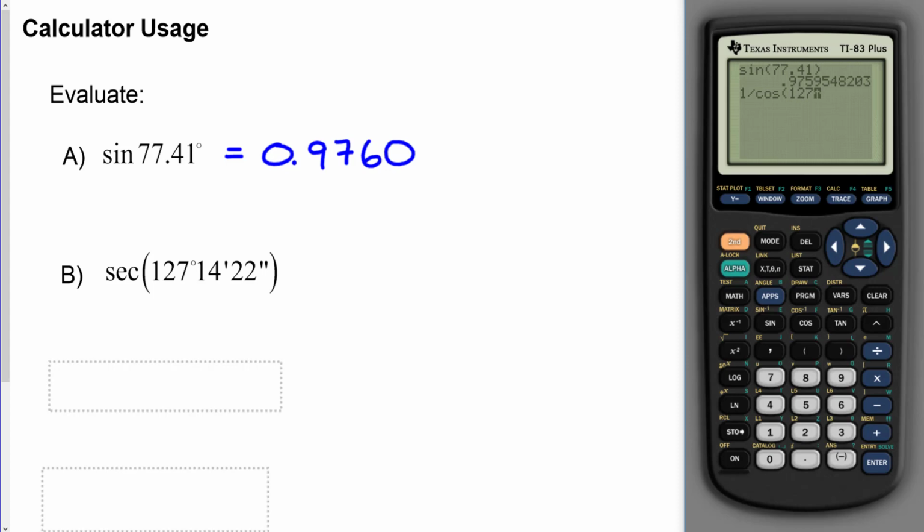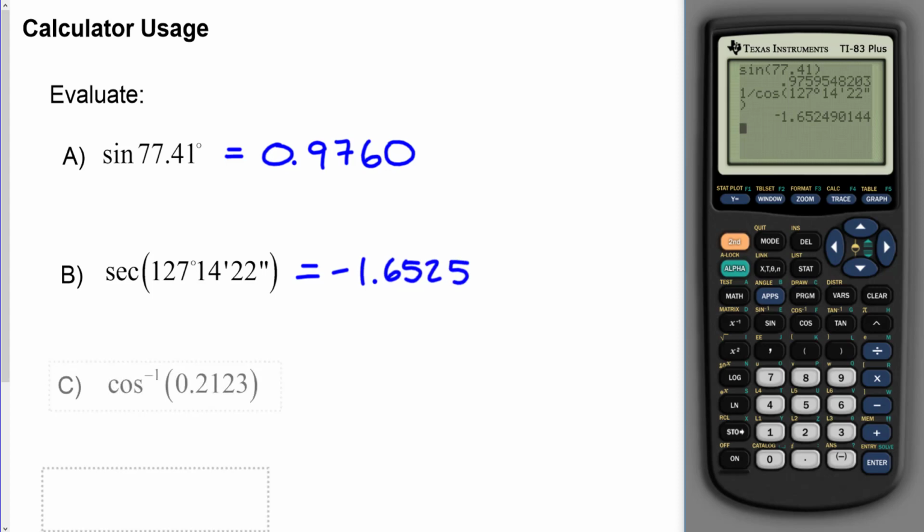Since this is in degrees, minutes, and seconds, just remember under the angle menu, you'll find the degrees and the minutes. And then for the seconds, you have to do alpha and the plus sign, so 22 seconds. And I get negative 1.6525. All right.